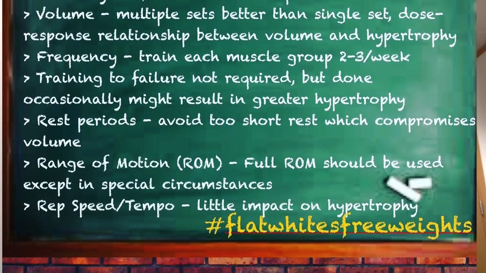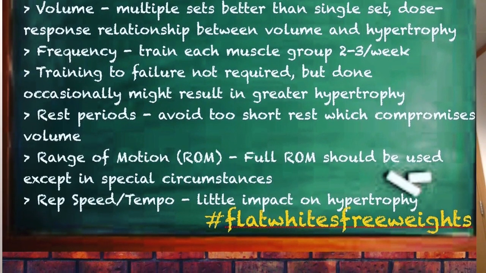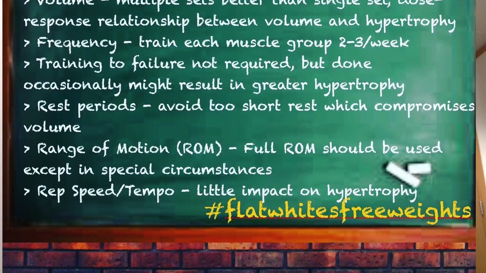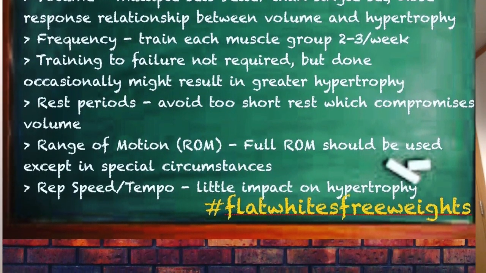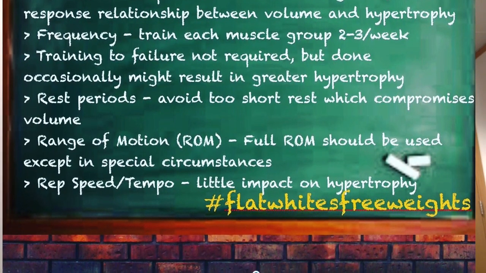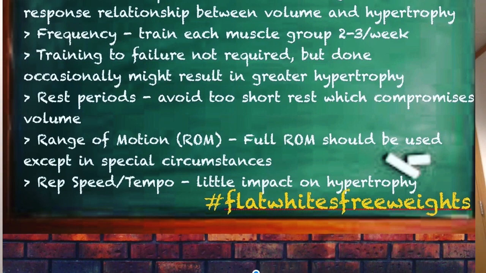Partial lifts do have their place, but the vast majority of your work should be done over full ranges. And as far as rep speed and tempo goes, they don't have much impact on hypertrophy, but they're a small factor, and there are times when you might want to emphasize a slightly slower lowering phase, or you might want to hold in a contracted position. So those are some general guidelines for training specifically for hypertrophy, and those are backed by science.